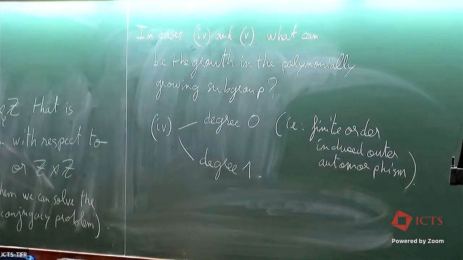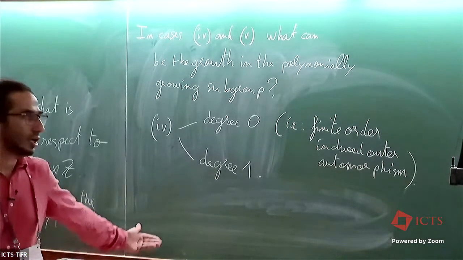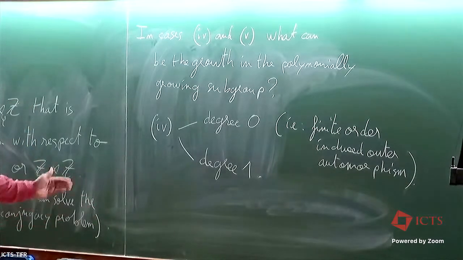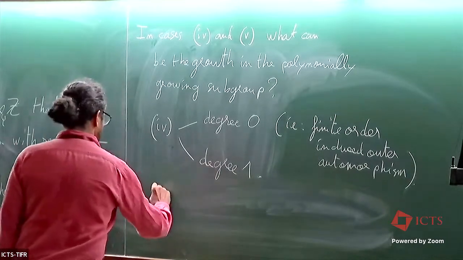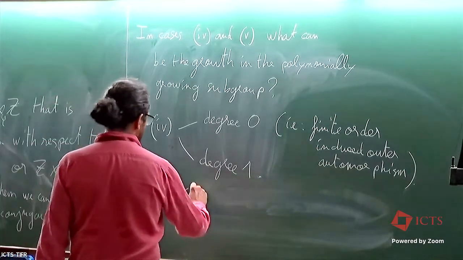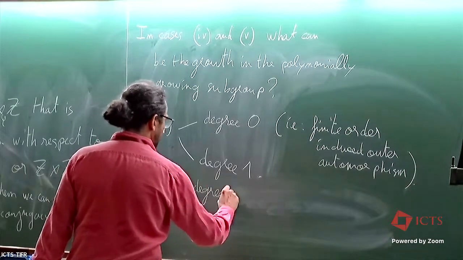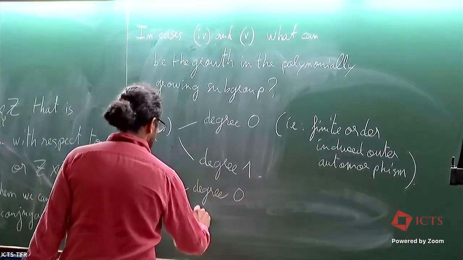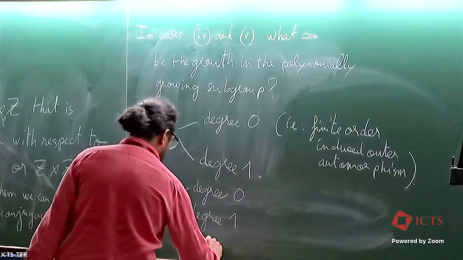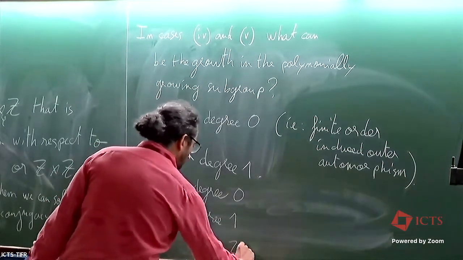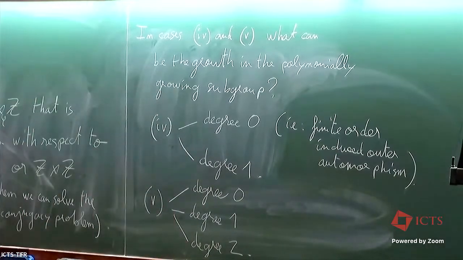It's indeed, for those who know what it is, a root of a generalized Dehn twist. And in case 5, we have degree 0, degree 1 possible, and degree 2 also possible, because the rank is 3.